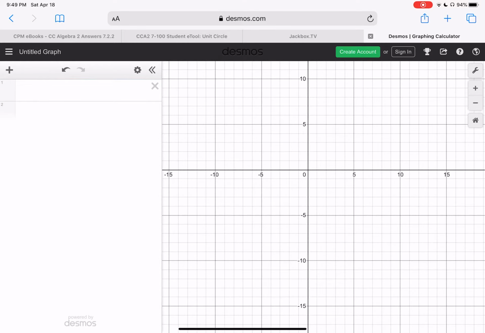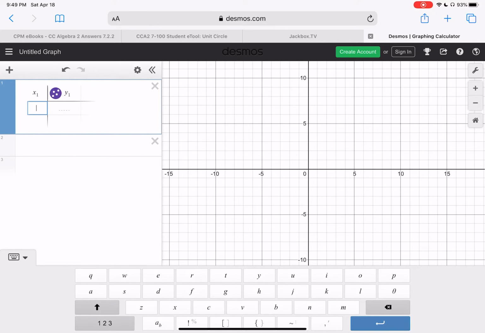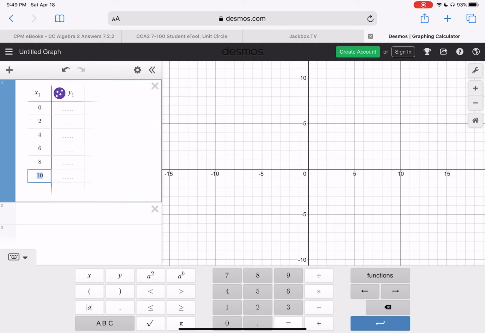Once you open up Desmos, go ahead and hit that plus and then use the table function and just copy over that table. So x was 0, then 2, 4, 6, 8, 10, 12.